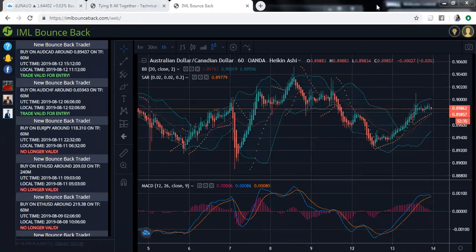Now, if you didn't know already, the majority of the pairs relating to the Australian dollar and New Zealand dollar mainly tend to move in the Sydney session.